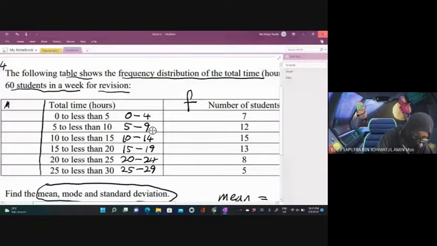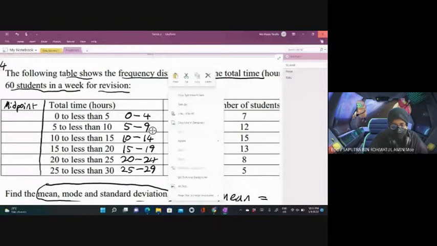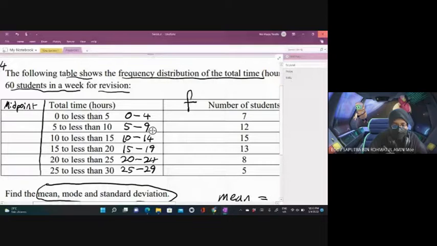Basically, the midpoint is 4 plus 0 divided by 2, 9 plus 5 divided by 2, 14 plus 10 divided by 2, and so on.